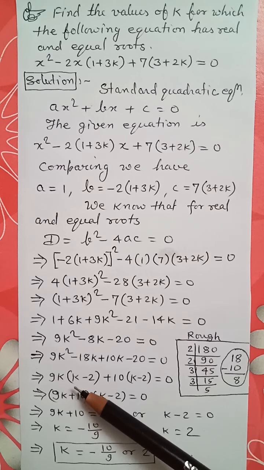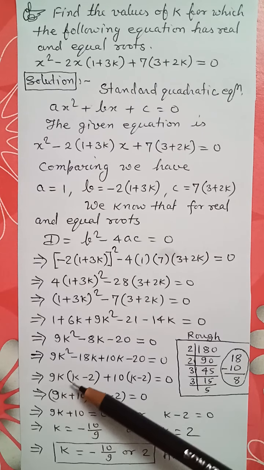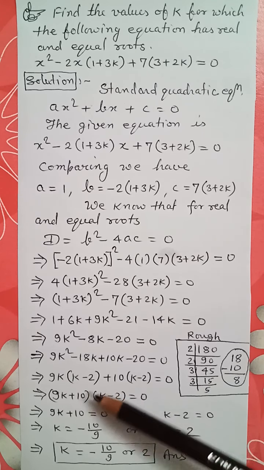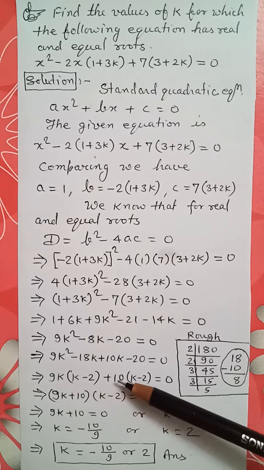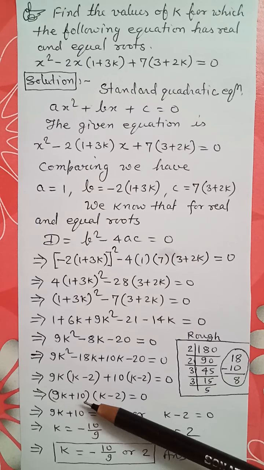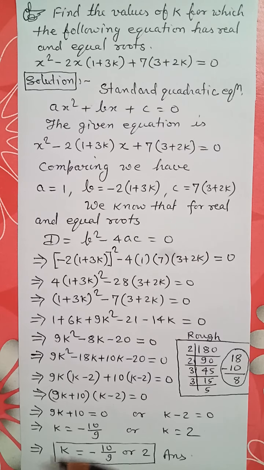Now here (k minus 2) is a factor of both the terms. Therefore, (k minus 2) is taken outside and we have 9k and 10. (9k plus 10) times (k minus 2) is equal to 0.